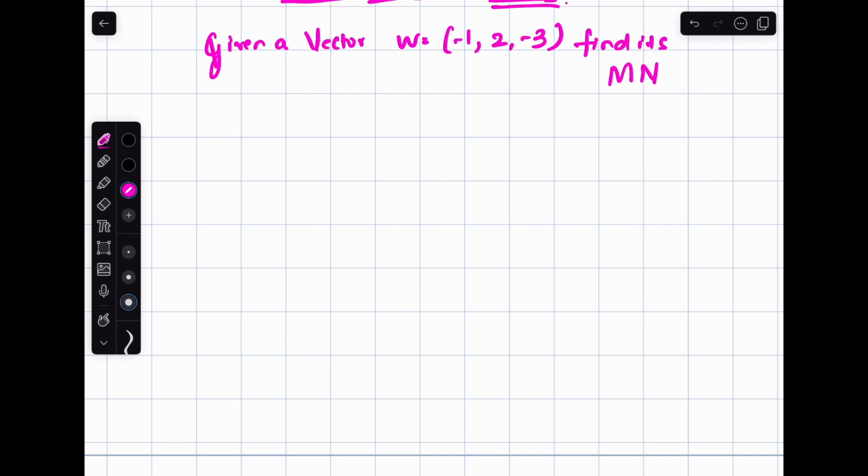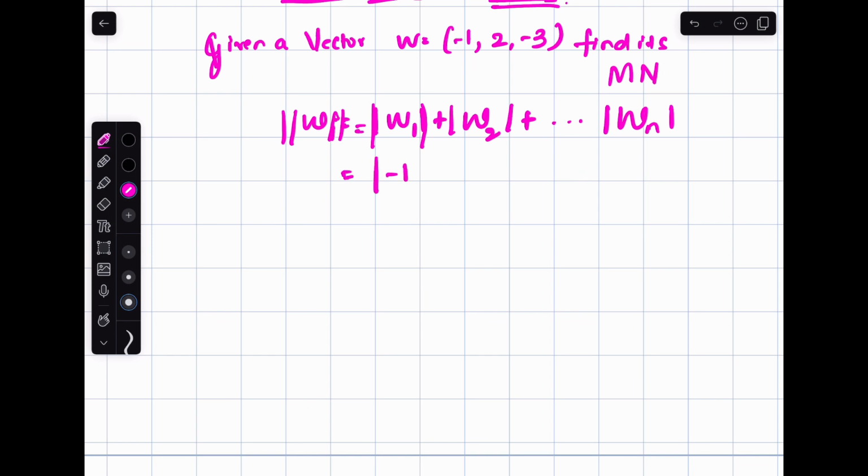The formula is the norm of w equal to mod of w1 plus mod of w2 and so on up to mod of wn. If the mod symbol is there and a number is negative, it will become positive. So mod of -1 plus mod of 2 plus mod of -3 is 1 plus 2 plus 3, and you will get the answer 6.